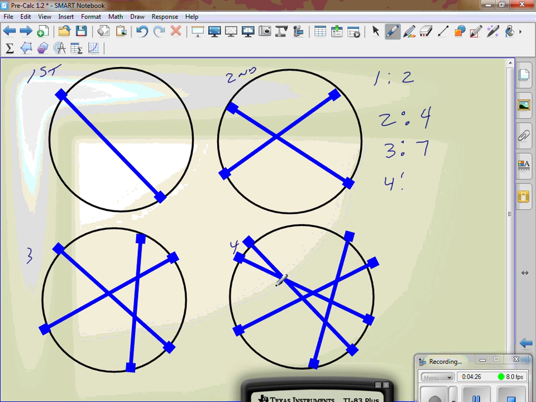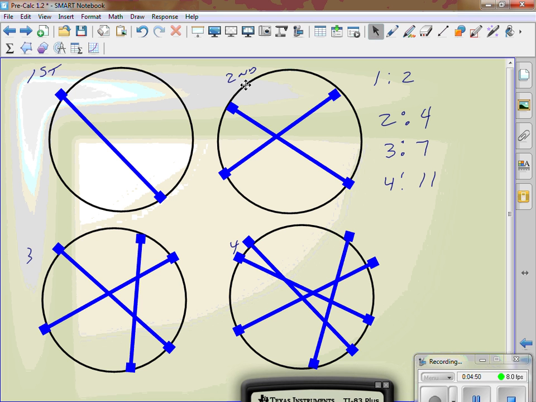If I count 1, 2, 3, 4, 5, 6, 7, 8, 9, 10, 11. 4 has 11. The most you can have is 11. A lot of you only have 10, probably. If I asked you to do 5, could you do it? How about 6? It's going to be harder to do, though, right?